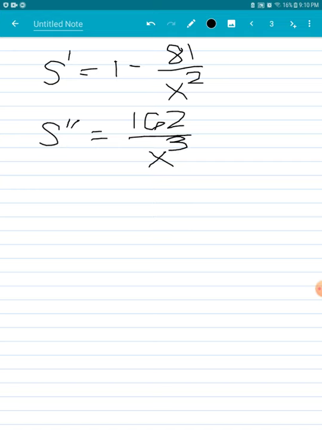Now, to know if the critical value x equals 9 gives a maximum sum or a minimum sum, we simply plug that value into the second derivative. So let's evaluate S double prime at the critical value 9. And observe that we get a positive result.